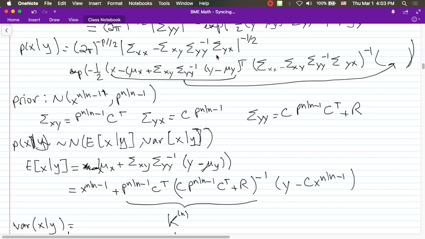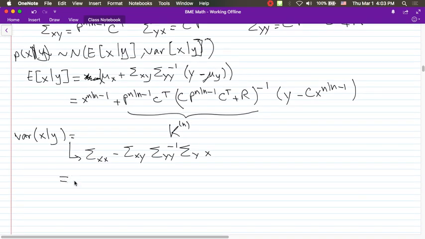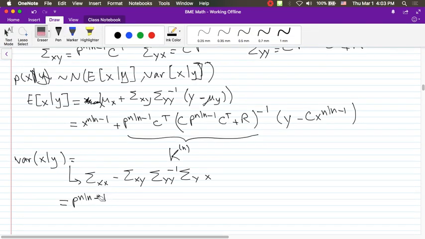So that variance is equal to the uncertainty P of n given n minus 1, minus the covariance of x and y, times sigma yy inverse, which was just the Kalman gain, times sigma yx, the covariance between y and x, which is C P of n given n minus 1.